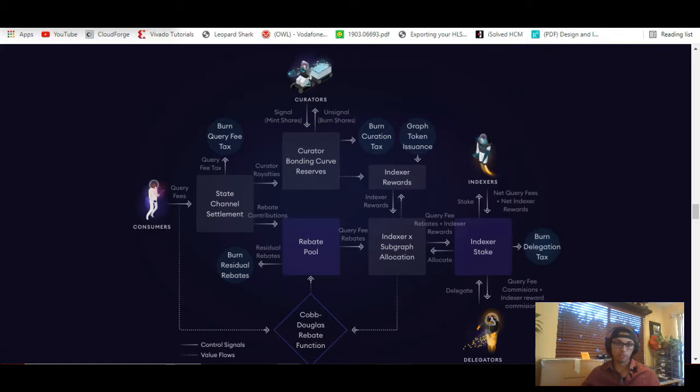So query fees go to the state channel settlement. The state channel monitors different states of all the parties involved in the transaction. But what you're really seeing from a high-level perspective is the consumer and the indexer communicating. That's the main goal of this whole thing. The consumer has to query some subgraph.